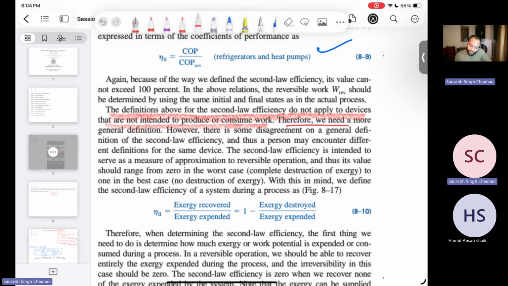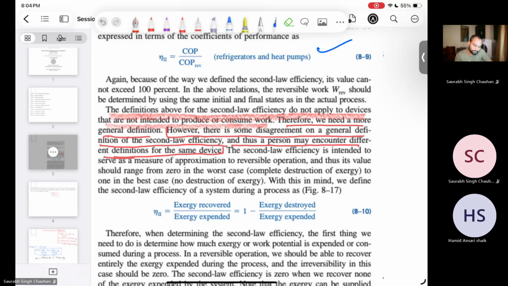It is also saying therefore we need a more general definition. However, there is some disagreement on a general definition of second law efficiency. Thus a person may encounter different definitions for the same device. So even if you have the same device, one person can use some definition, another person can use some other definition, and both of them can find different answers. It depends which definition we are using, and according to that, our answer will change.